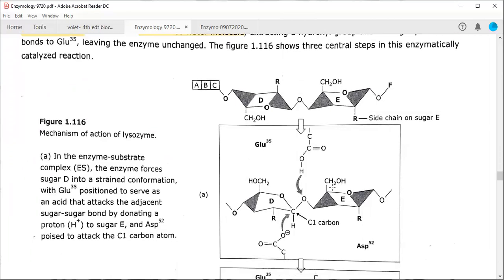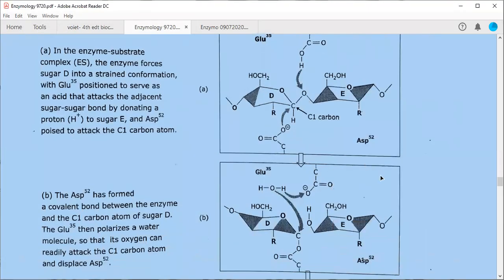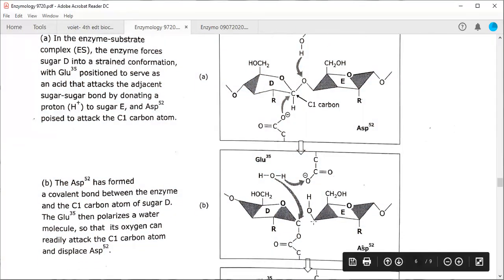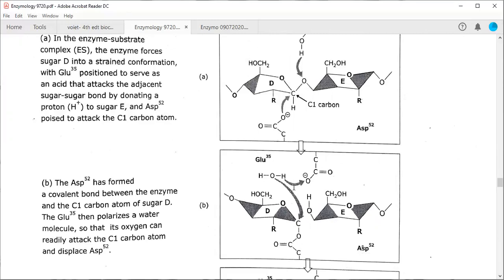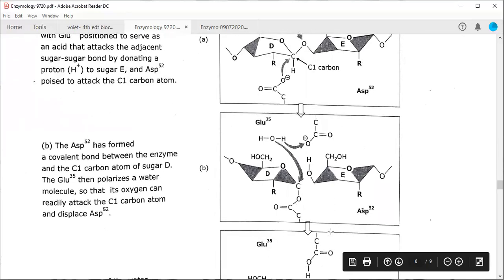Then a water molecule will enter, and this water molecule, HOH, the H will be donated to this glutamate 35, and the OH will be added here, which will lead to the breakage of this particular covalent bond, so that the enzyme is freed. This box is an enzyme actually. It has glutamate and aspartate 52. So finally it will release this.